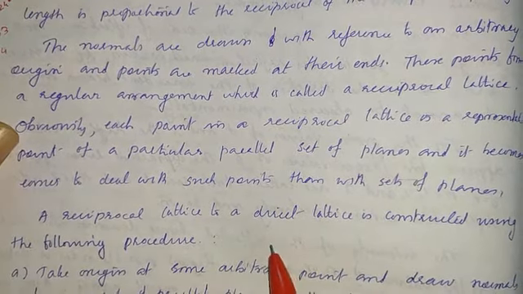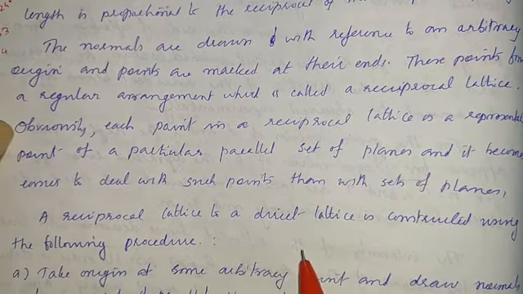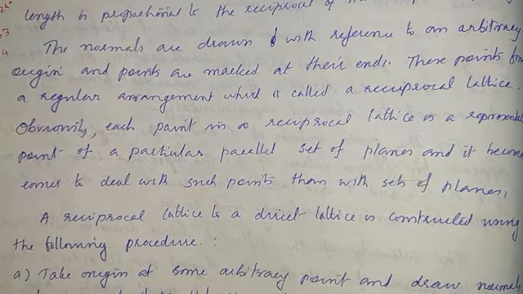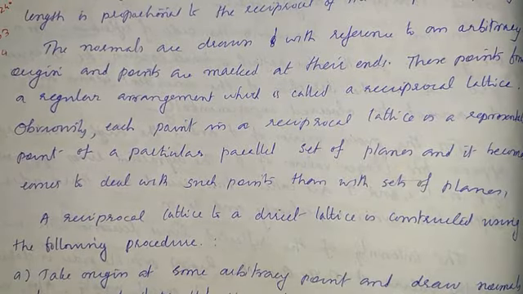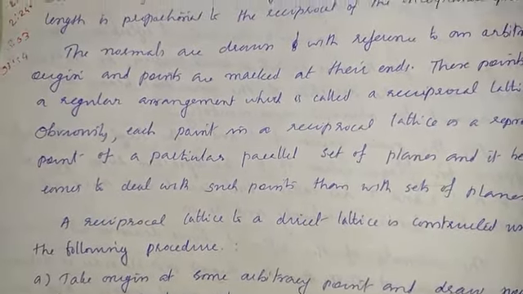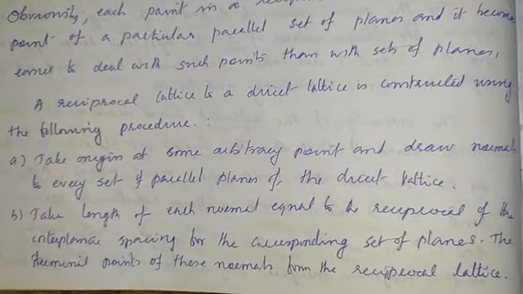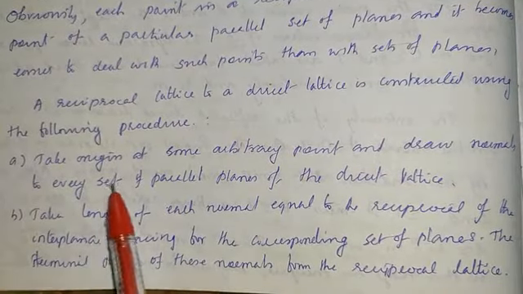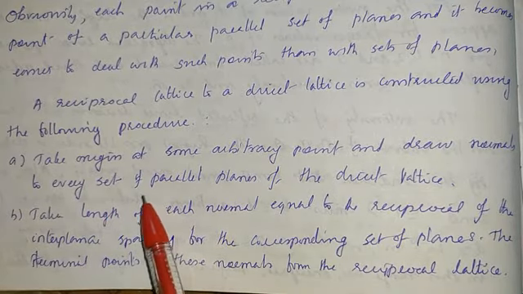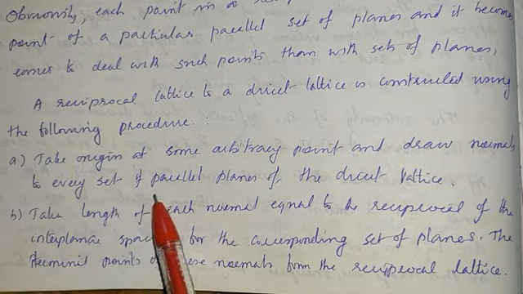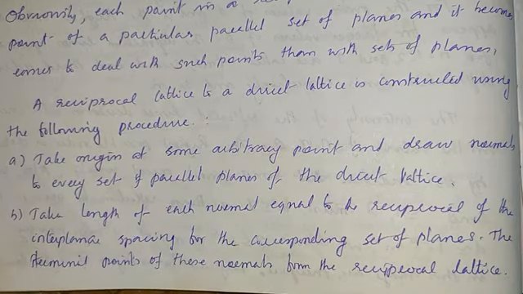So the reciprocal lattice to a direct lattice is constructed as follows. We will now describe how this reciprocal lattice can be constructed. What we have to do is take an origin at some arbitrary point and draw normals to every set of parallel planes of the direct lattice.